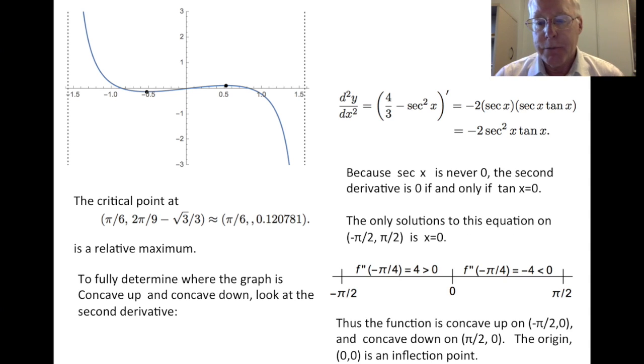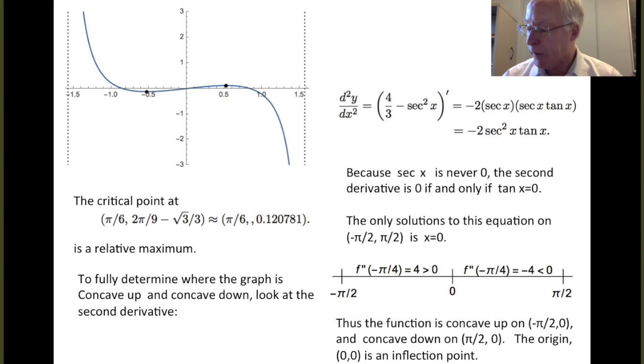So as before, we now use the second derivative of 0 to cut the domain up into now two intervals, minus pi over 2 to 0 and 0 to pi over 2. We want to check the sign of the second derivative in this case. So again, we can do that now by plugging in just one point in each interval.